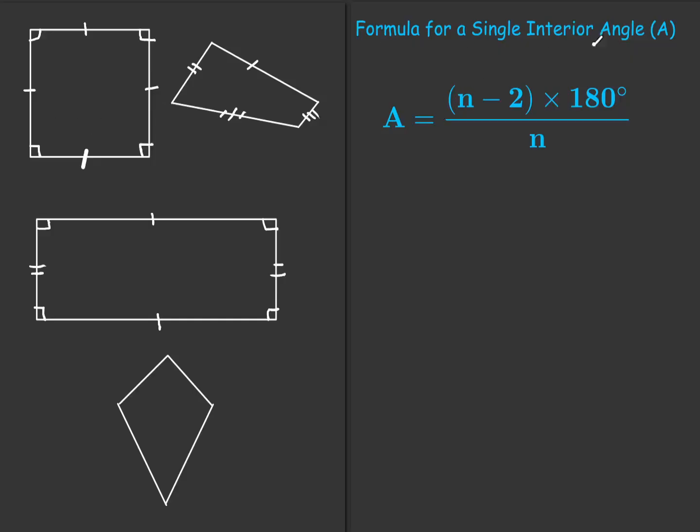Now, the formula for a single interior angle, we'll denote that with A. Note that in a regular polygon, since all the sides are the same, as we have shown over here, after finding the sum of all the angles, you just divide it by n, and that will give you each. So we say a single interior angle is equal to n minus 2 times 180, which you have seen before as the sum of interior angles.